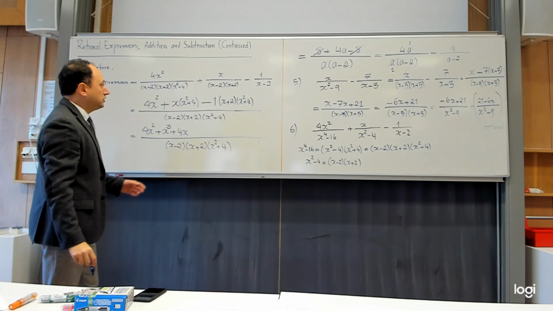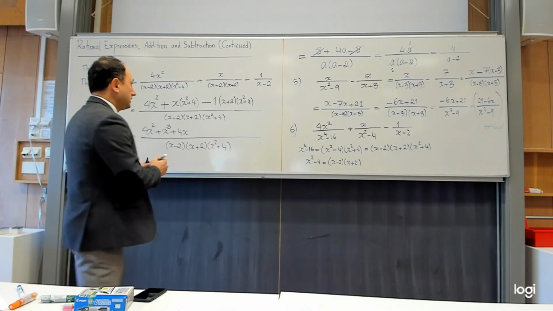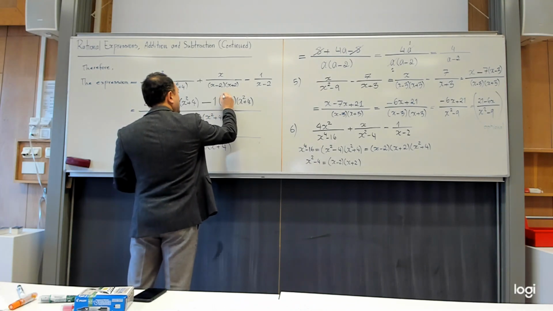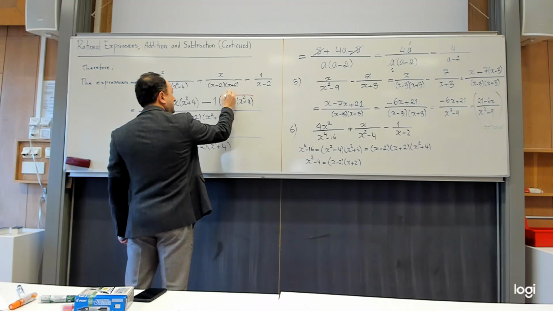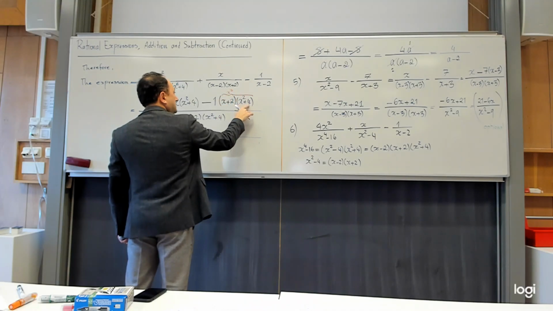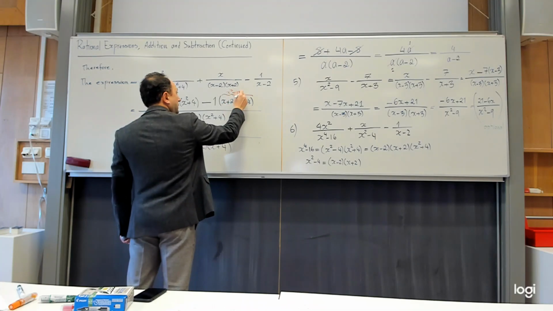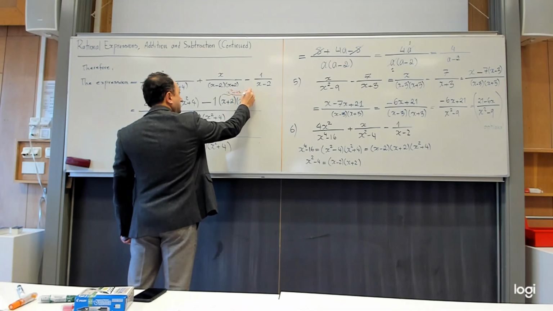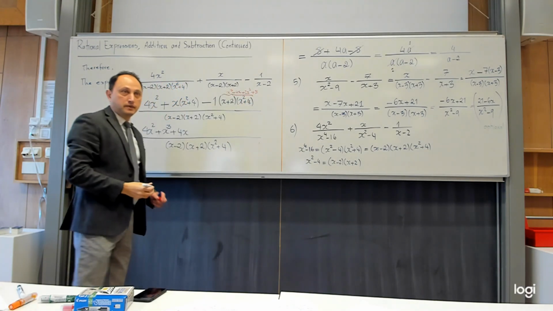And then be careful here, if you are a little bit lazy to write it down, what you can do is multiply this on top. X times x squared is x cubed, x times 4 is 4x, 2 times x squared is 2x squared, 2 times 4 is 8. Yes?